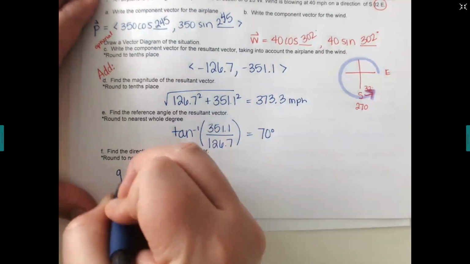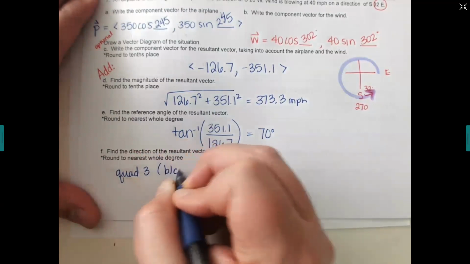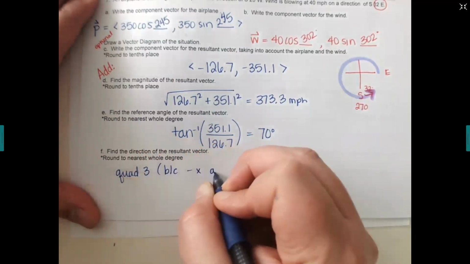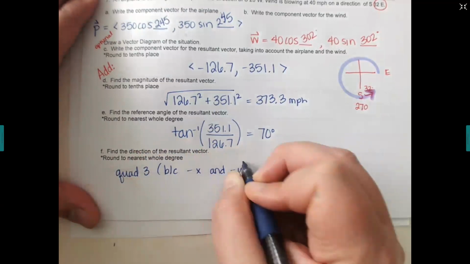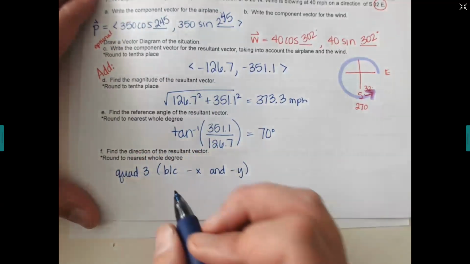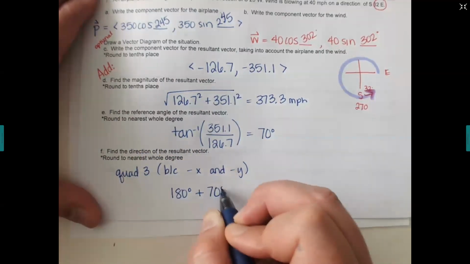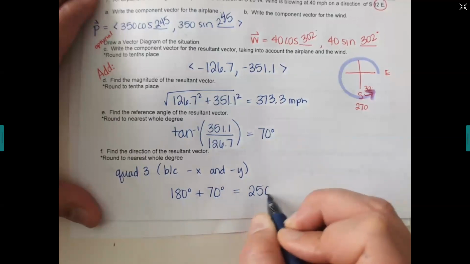So I'm gonna put this as quadrant 3, because negative X and negative Y. And then what's my formula for quad 3? 180 plus my theta of 70 gives me 250.